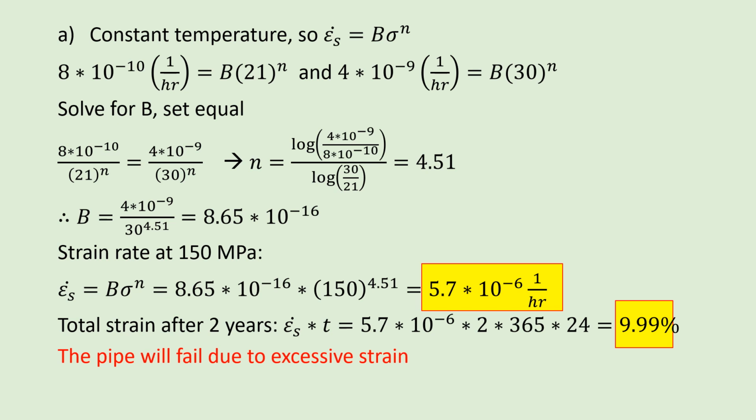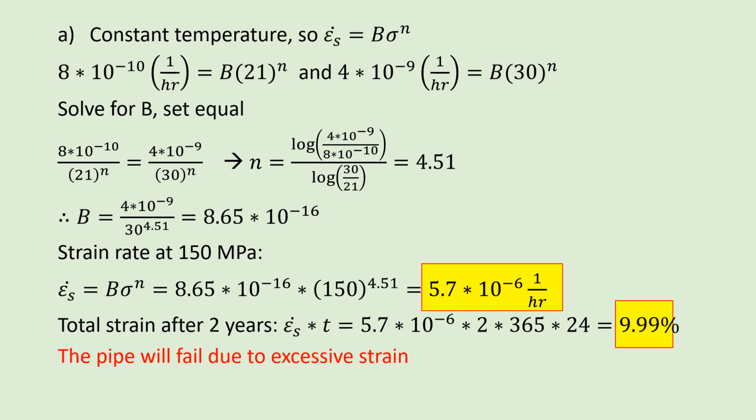We find that n has a value of 4.51. We can then take either of the first 2 equations to solve for B. I took the second one here, so B equals 4 times 10 to the negative 9th divided by 30 to the 4.51 power, which gives us a value of 8.65 times 10 to the negative 16th.